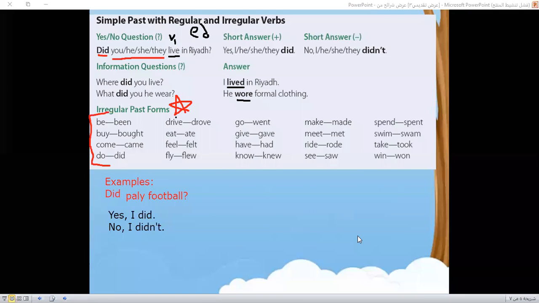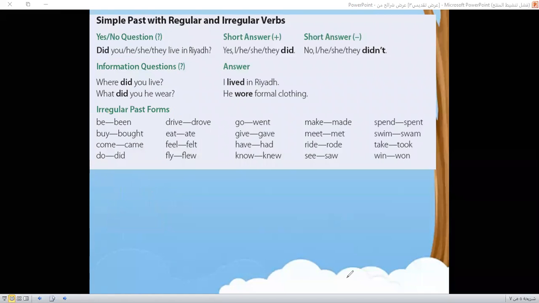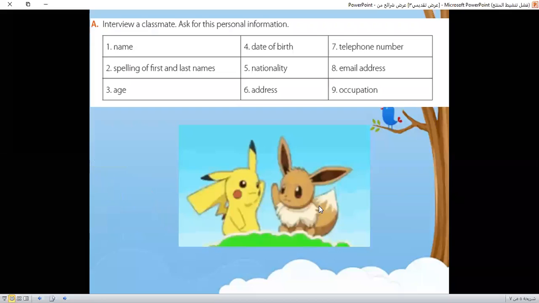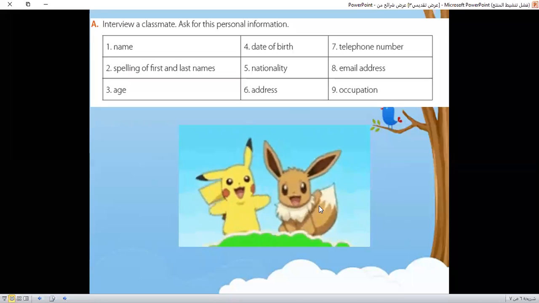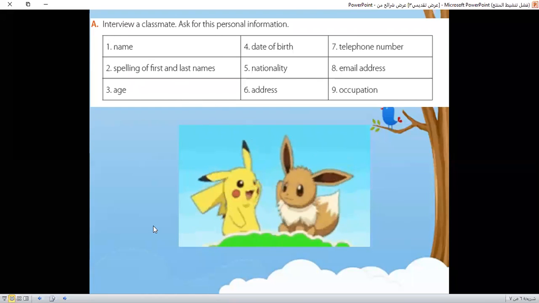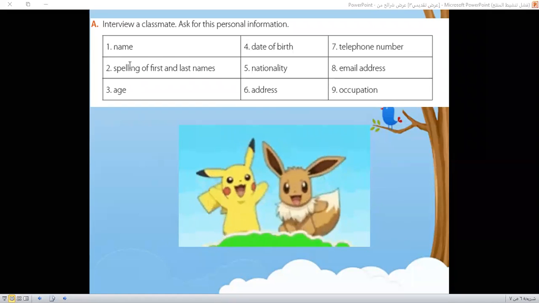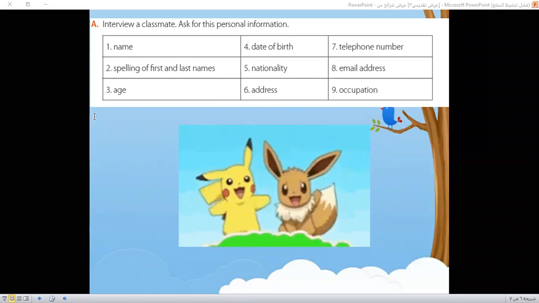Okay, let's move on. Okay, the last exercise is that we're going to ask a question about those items. This exercise is in your book.